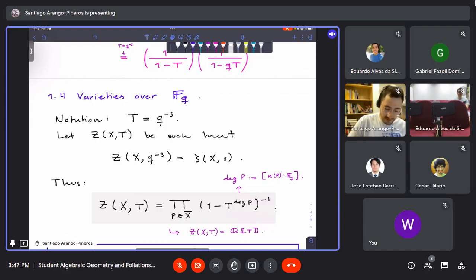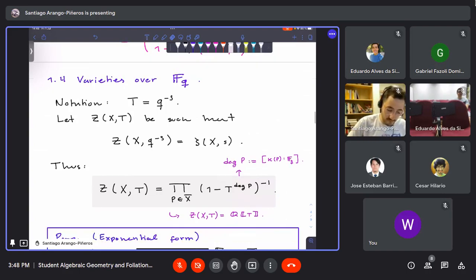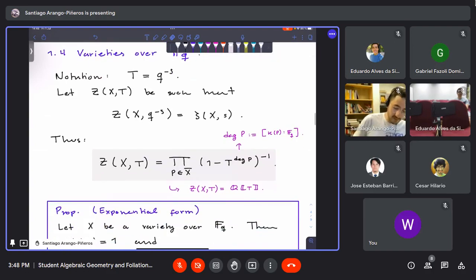Instead of calling it zeta with the Greek letter, we're going to call it with a capital Z. So, redefining the zeta function with slightly different notation, we define the zeta function of our variety X in the variable t to be this infinite product.